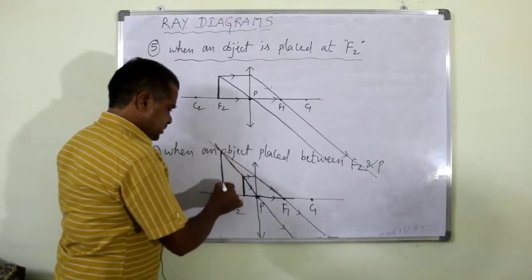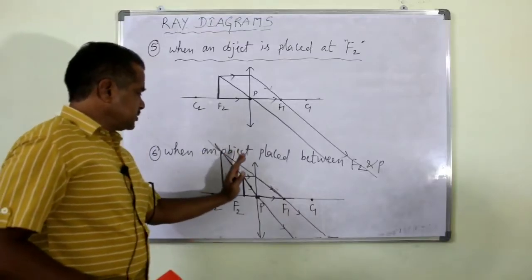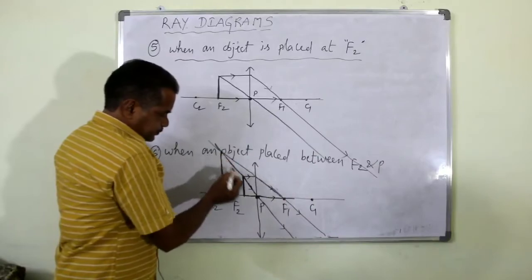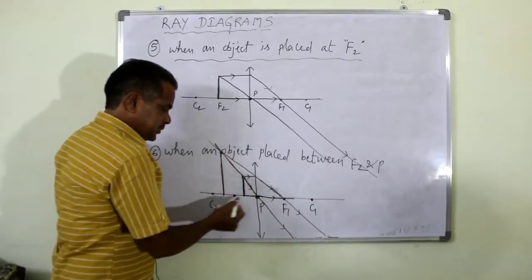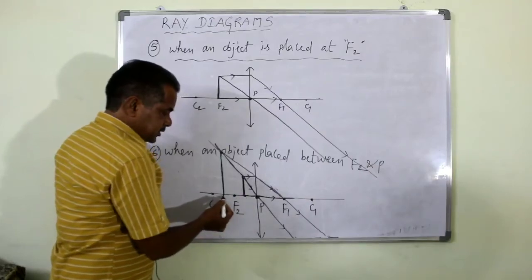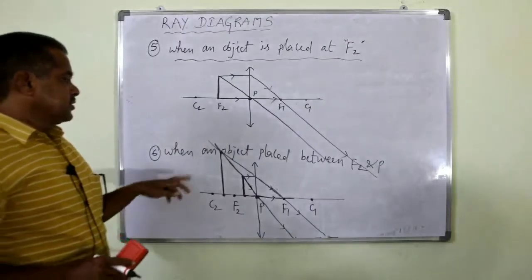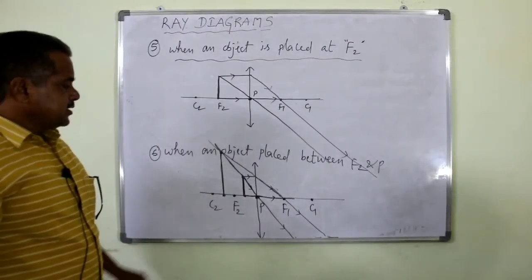Here in this case, the image is formed behind the object, at the same side of the object. And also the top portion of the object is formed at the top portion of the image, the bottom portion of the object is formed at the bottom portion of the image. That's why this image is called erect image.